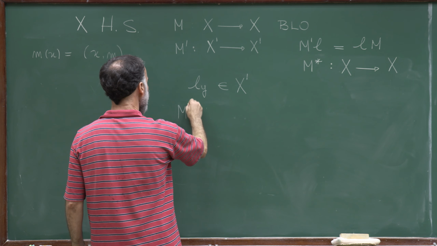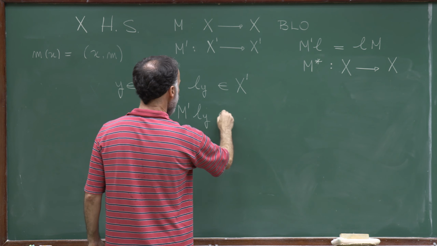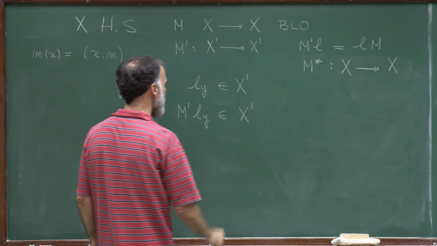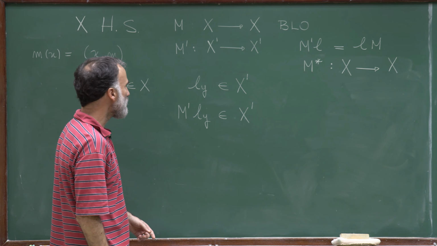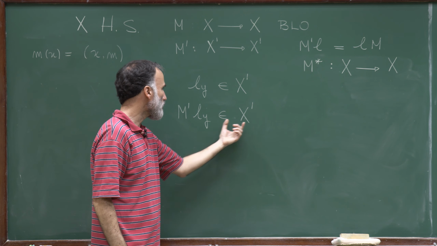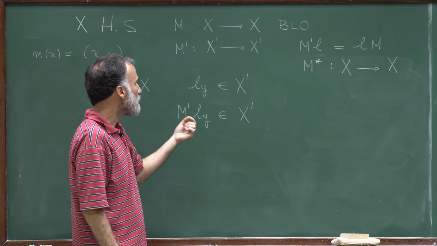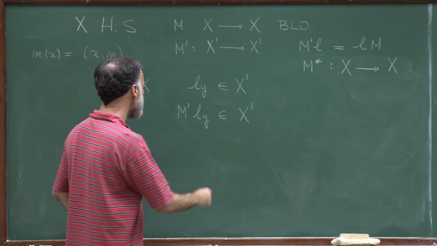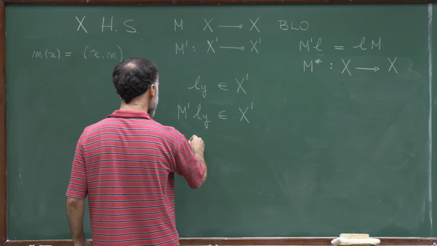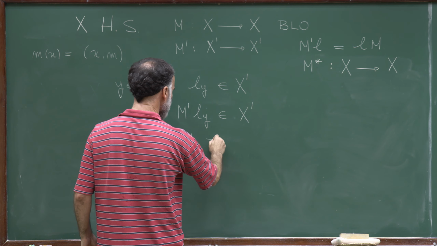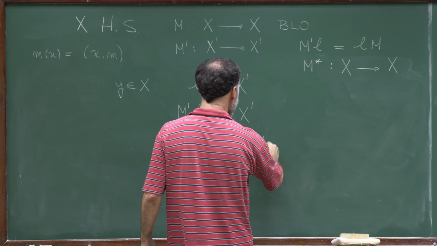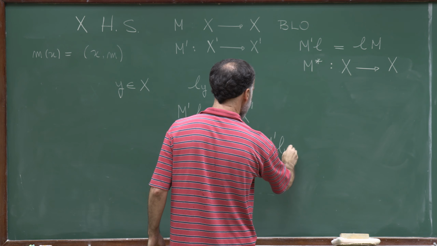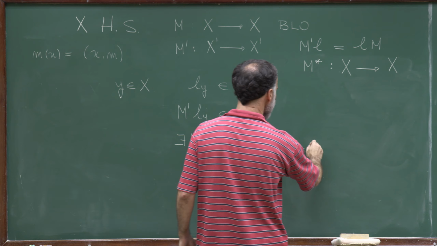So M prime gives me a new element in X prime. Now, since this is an element of X prime, and I have seen that all bounded linear functionals can be represented by a unique point in X, I know that there exists a unique point in X, which I'm calling z, such that this bounded linear functional M prime L of y is actually equal to L of z.